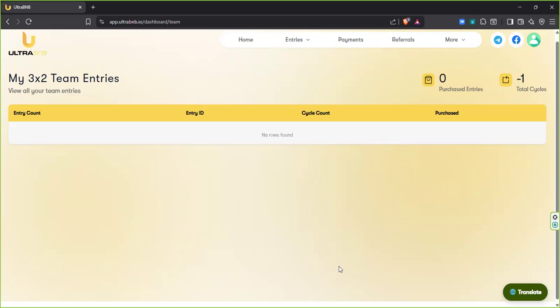So if 1 or 2 or 3 of your entries have completed their first board, it will be recorded here, the number of cycles that entry has completed. Then the purchase entries, of course, the time and dates when you purchased will also be recorded here. We will have the purchase entries recorded on this side, and the total cycles will also be recorded on this side. Yeah, so that is it.